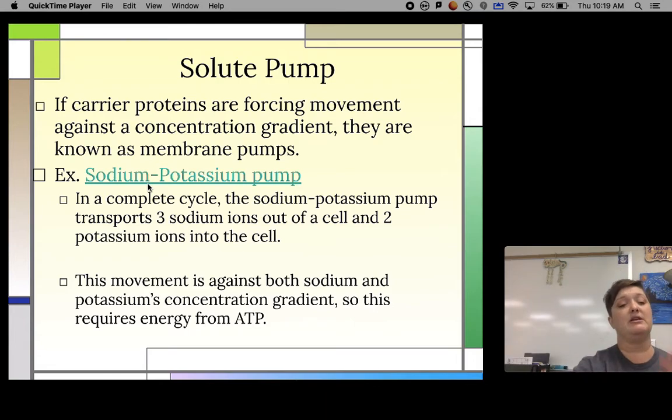So I'm pushing sodium out there and kicking it out of the cell, but now I've got so much sodium out, I got to push it out there to make it keep going, right? So it's going from low concentration out to higher concentration, and I have to use this pump to make that happen. And so what that does is it's pushing out 3 sodiums and picking up 2 potassiums because they're going against their concentration gradient, so you have to use ATP.